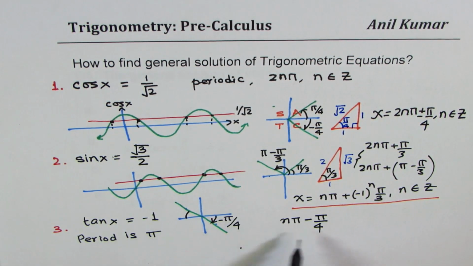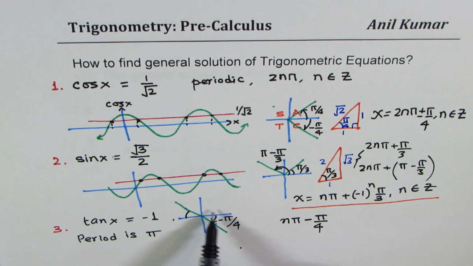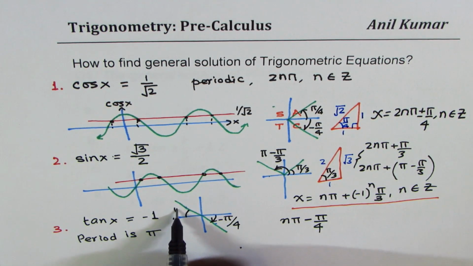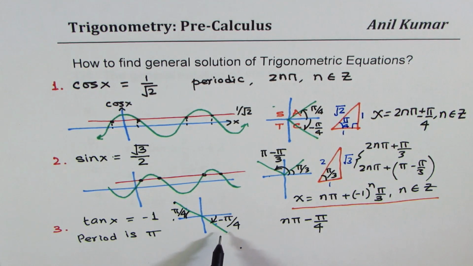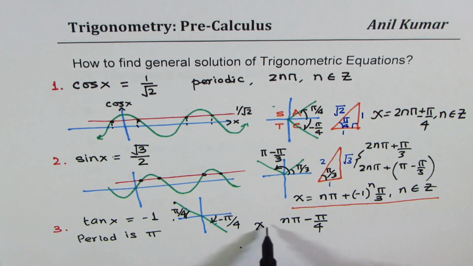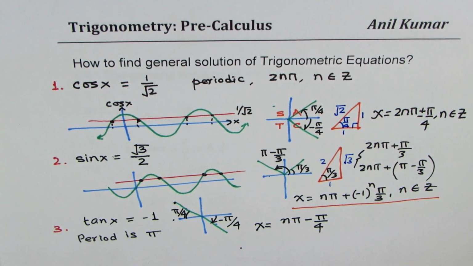Whether n is even or odd, if n is odd, you are at this point, right? 1 pi, 3 pi, 5 pi minus pi by 4. This angle is pi by 4. You come to that point, right? But if it is an even number, you take away pi by 4. So that becomes the general solution for the tan function.